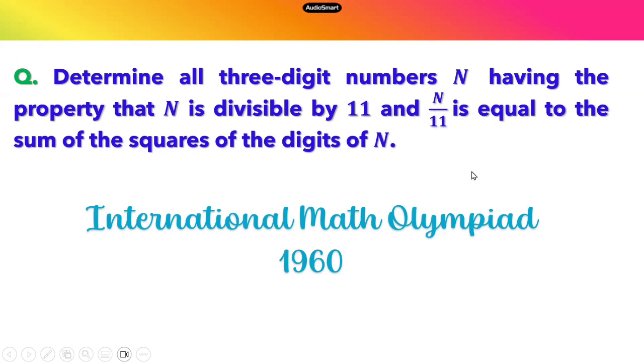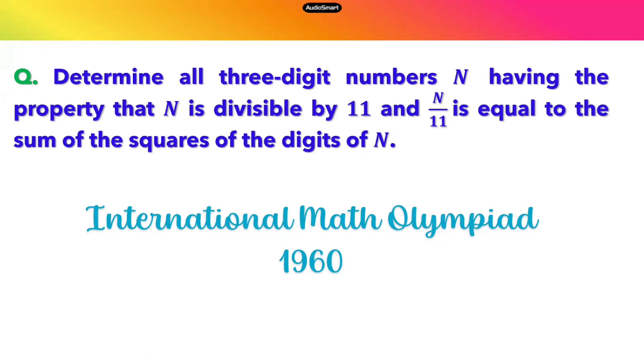This is a very interesting problem, and there are many solutions on the internet. You will find them. There are many suggestions that we can go for the trial method. Trial method means taking three-digit numbers from 100 to 999, and among these 81 numbers are divisible by 11.